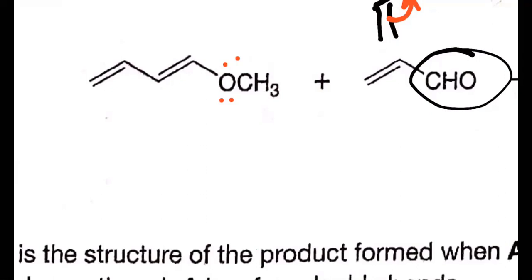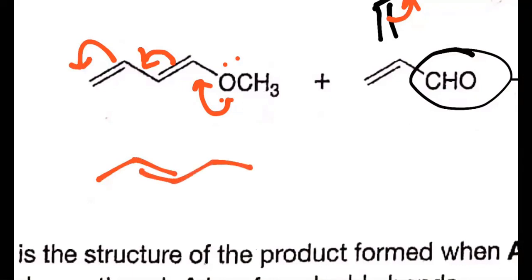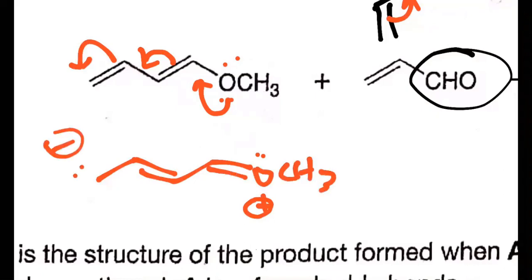So if I draw the resonance form for this, it's going to look like this. That's positive, and then that's going to have a lone pair, and that's going to be negative. Yes or no? All right.